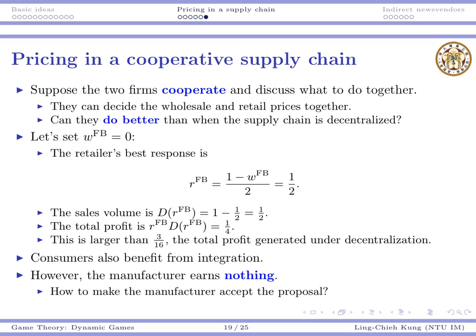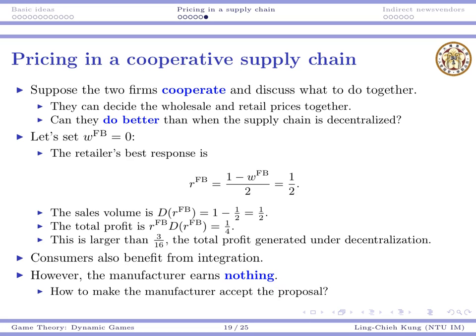In a decentralized system, we cannot control everyone's behavior. We cannot decide what to do by the manufacturer, what to do by the retailer. We cannot determine their actions. What we really need to do is to design an incentive system to induce their behaviors.